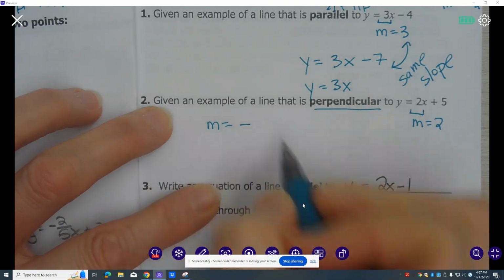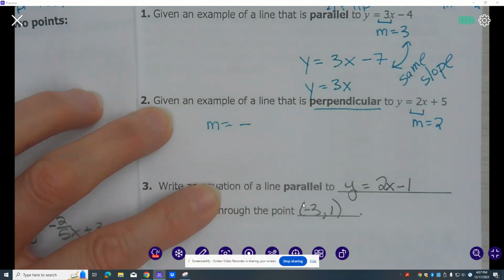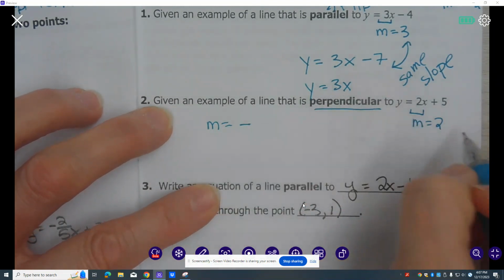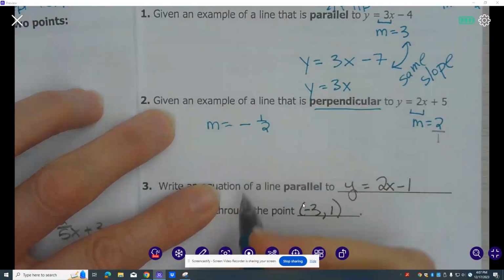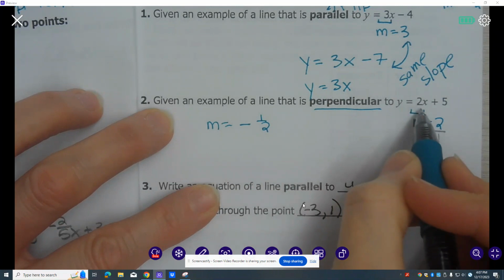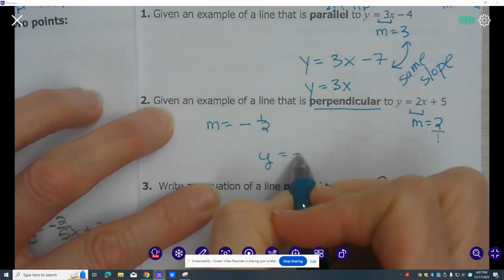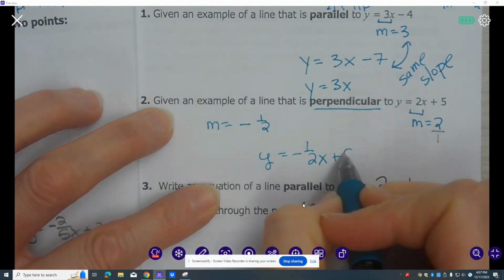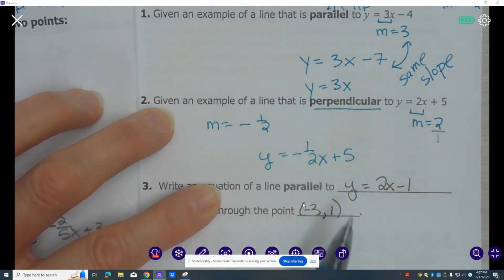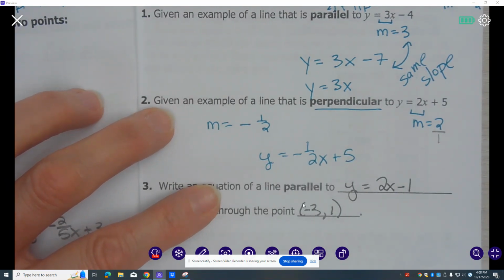My perpendicular line would have the opposite sign, so that would be negative. And if I flip 2, I get 1 over 2. So an example of a line perpendicular to this line would be y equals negative 1/2 x. I could put the same y-intercept. I could put any y-intercept, really. If the slopes are opposite reciprocals, then they are perpendicular.